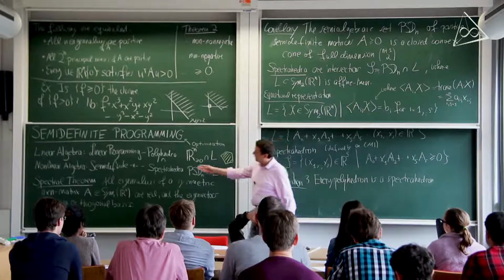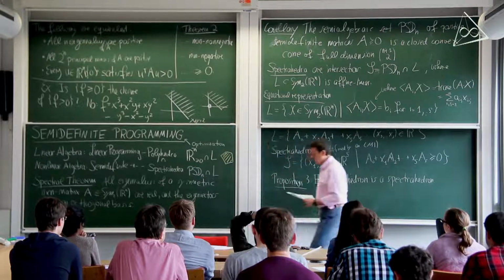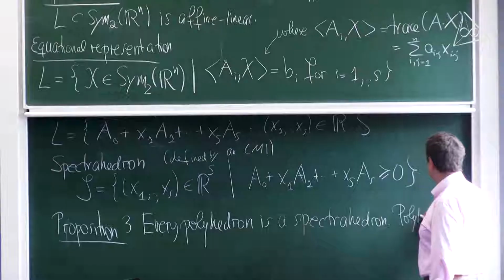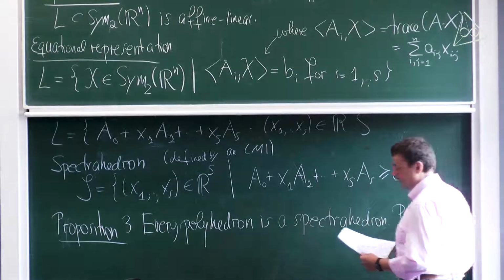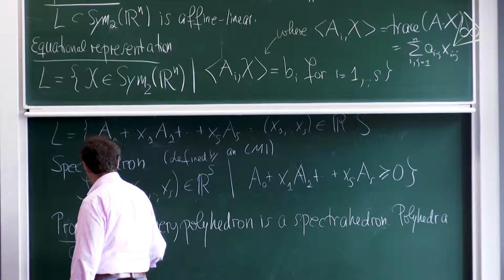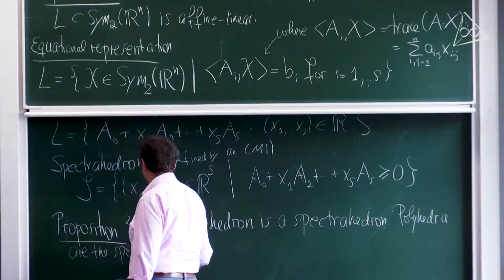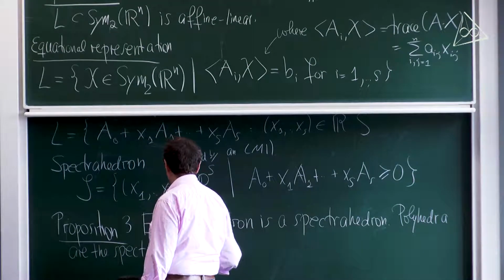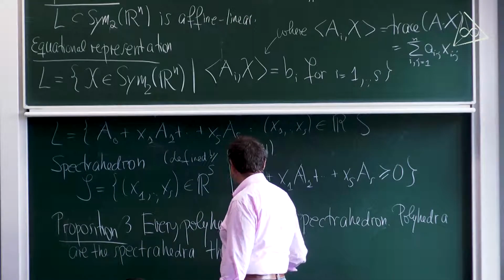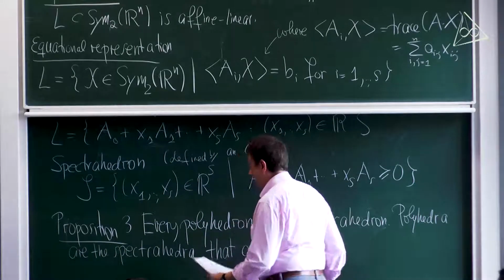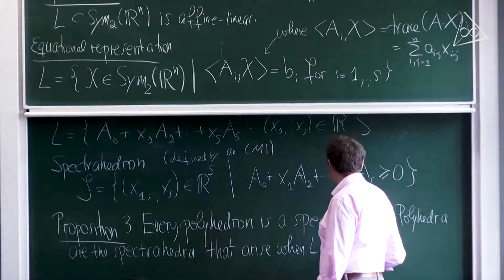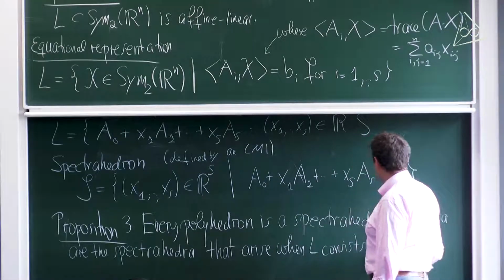This is indeed an inclusion, so spectrahedra generalize polyhedra. To be specific, polyhedra are the spectrahedra that arise when L consists of diagonal matrices.